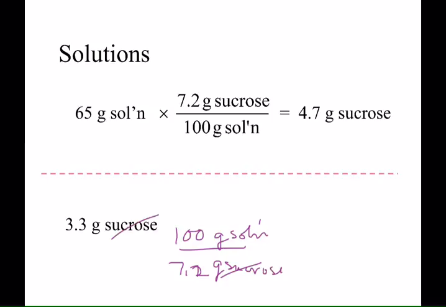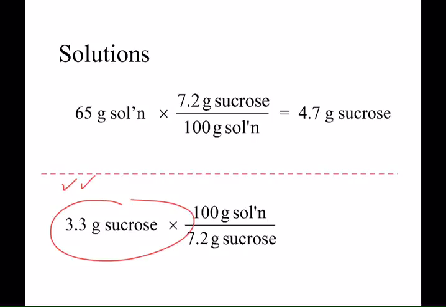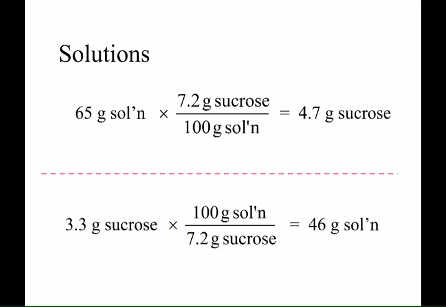The inverse of the weight percent is the way I think of it. Let's see how we round this. Is there uncertainty brought by this term? Yes, 2 sig figs. By this one? Yes, again 2 sig figs. So the answer rounded to 2 sig figs is 46 grams of solution.